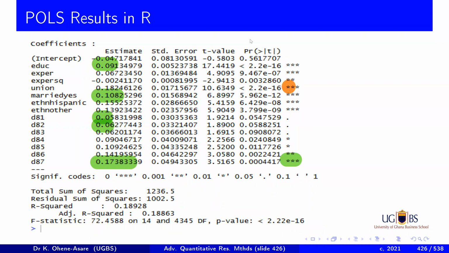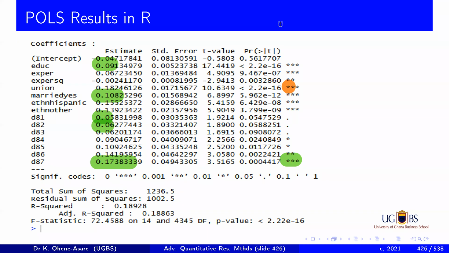Philomena, I think you have something you want to tell us. Yes. Okay, so doctor, we can say that holding all variables constant, a 1% increase in a worker's experience would cause his salary to increase by 6.7%, and this is significant at 0.1%.